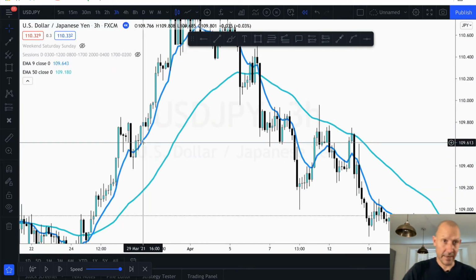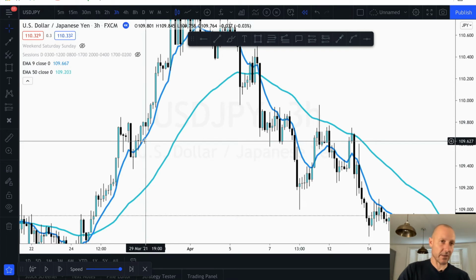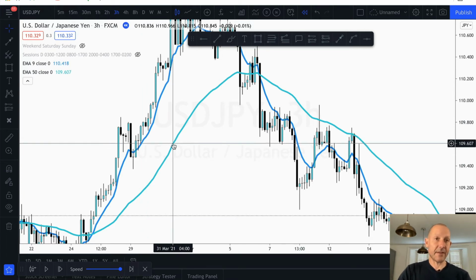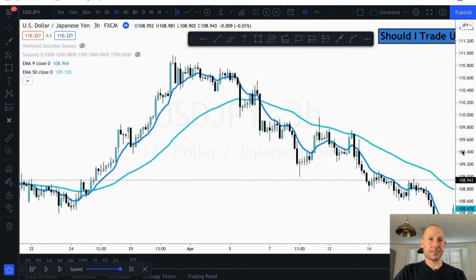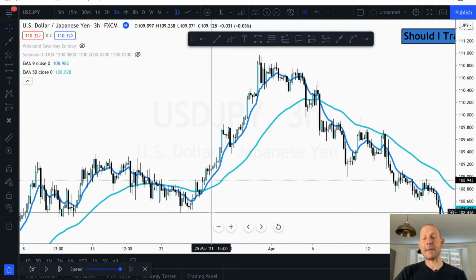Now the EMA 9 is based on the last 9 candles of price. So that is the average price over the last 9 candles. EMA 50 is based on the average price of the last 50 candles. Now if you have an EMA 13 or an EMA 5 or whatever it is, it's based on the last 13 or the last 5 candles. So EMAs can be handy if you just want to see, am I above the EMAs?